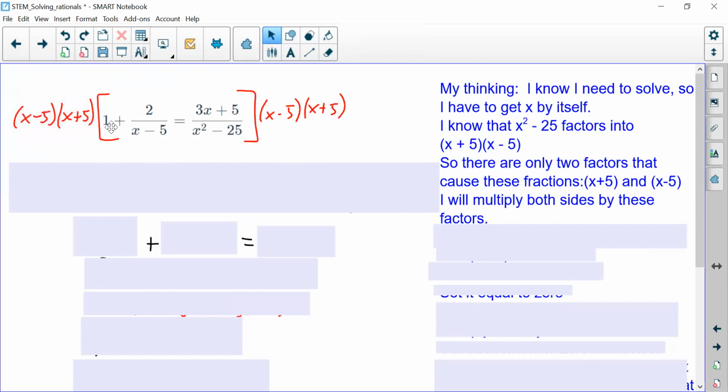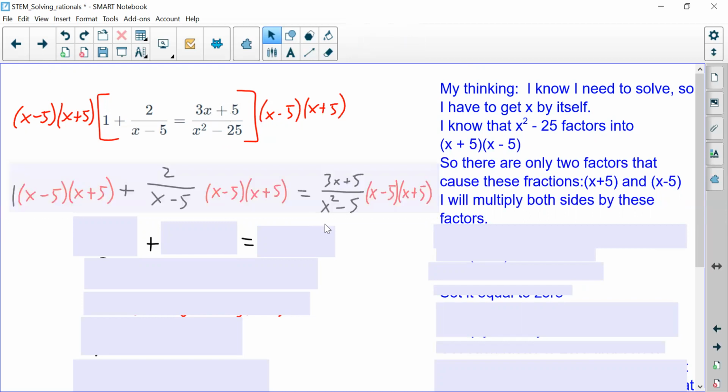Now, unfortunately, this is a 1 plus this, so I can't ignore the 1. I had to keep it equal. I had to multiply everything on the left side by this. So x minus 5 times x plus 5 times 1, x minus 5 times x plus 5 times this fraction, and then times this fraction, which gets me all that.